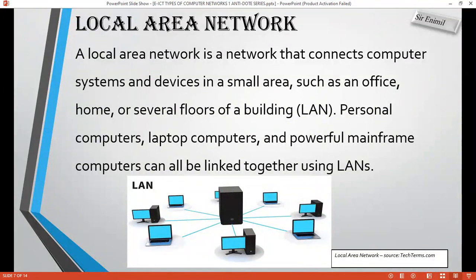So to avoid this situation, there is a server somewhere which is connected to a switch through which all the devices are also connected. Once the software is on the server, all the devices connected to the switch will have access to that particular software and then use it. So this also helps when it comes to sharing software applications. So a local area network is very good and it's something that is used in an office environment or an organization.